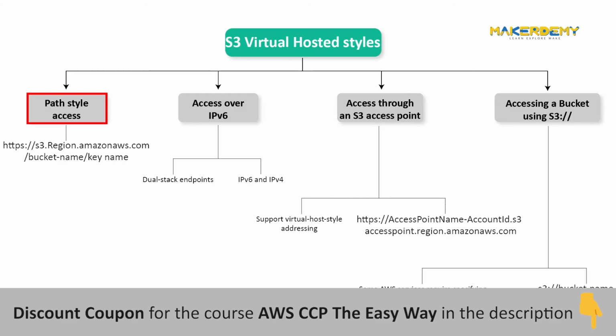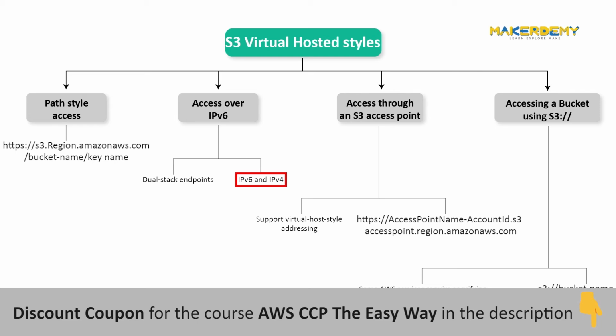Path style access: path style URLs follow the format shown. Access over IPv6: Amazon S3 has a set of dual stack endpoints which support requests to S3 buckets over both Internet Protocol version 6, or IPv6, and IPv4.